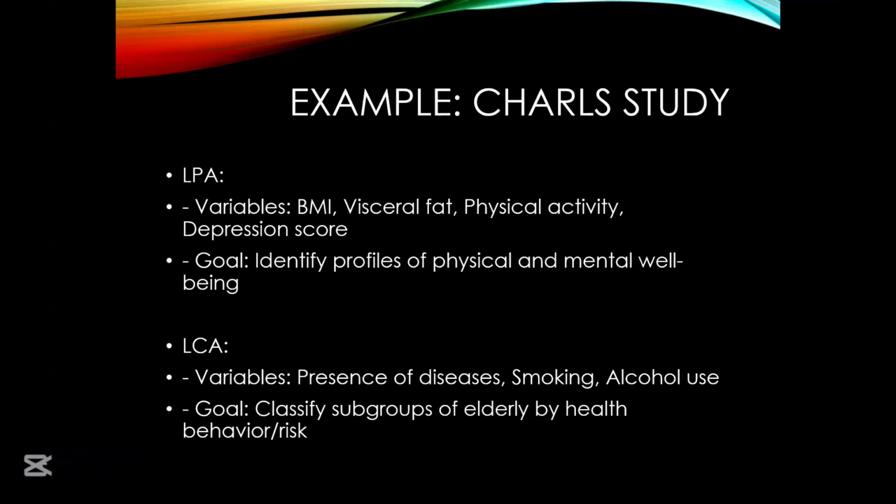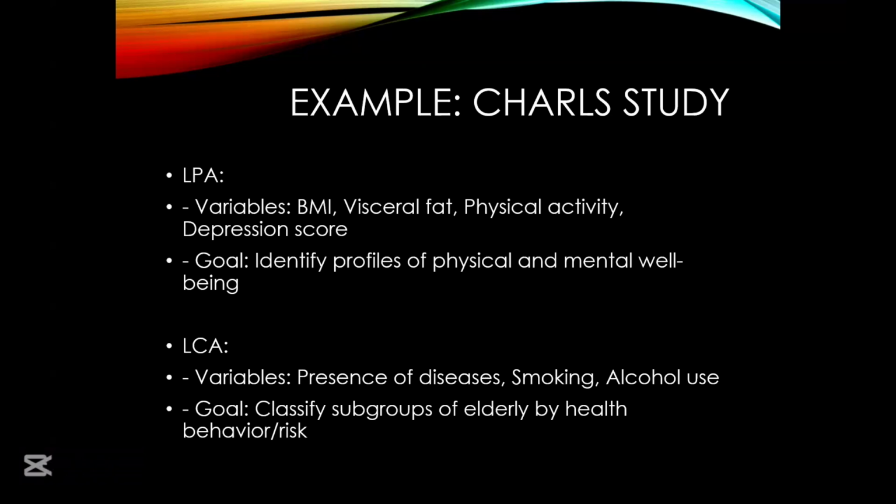And so using that, you can perform LPA or LCA. If you are looking at variables such as the BMI, visceral fat, physical activity, depression score, then it's best you consider the LPA. And your goal could be to identify the profiles of physical and mental well-being among this aged population.